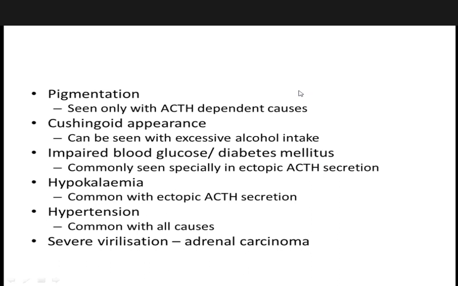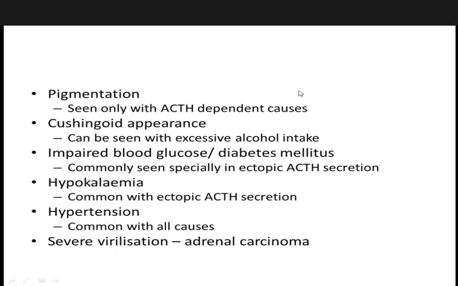Cushingoid appearance can be seen with excessive alcohol intake and even in depression as well. Impaired blood glucose and frank diabetes mellitus can be seen in all causes leading to Cushing's, but especially in patients with ectopic ACTH secretion.